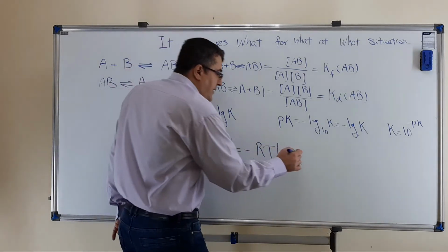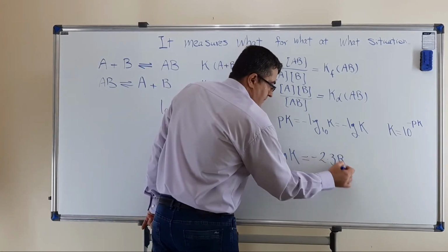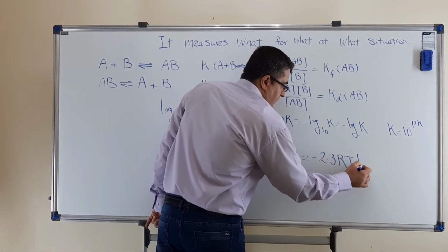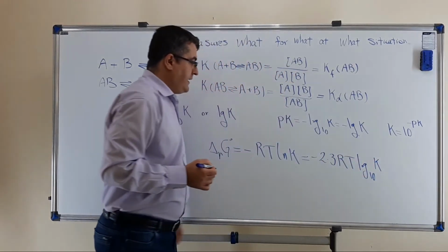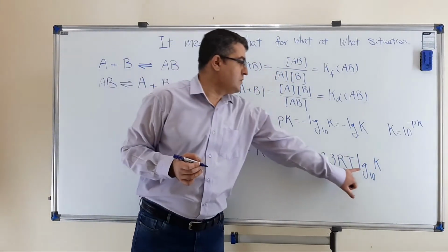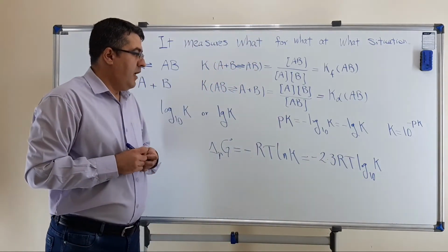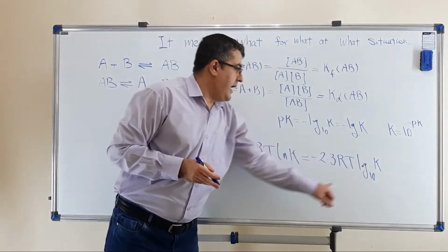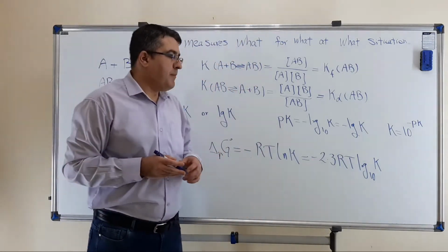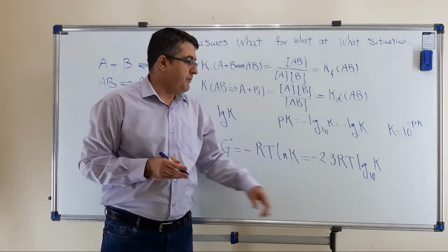This also can be written in this way. Instead of natural logarithm, we can use decimal logarithm. Values of K and delta G can be obtained from each other with the help of this relationship.